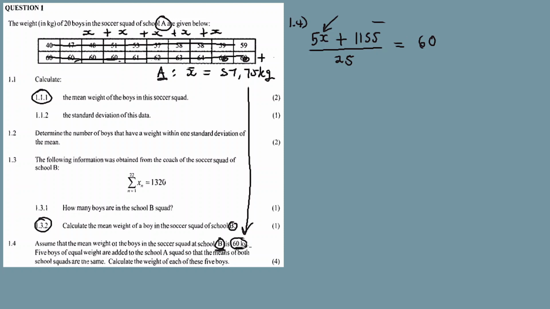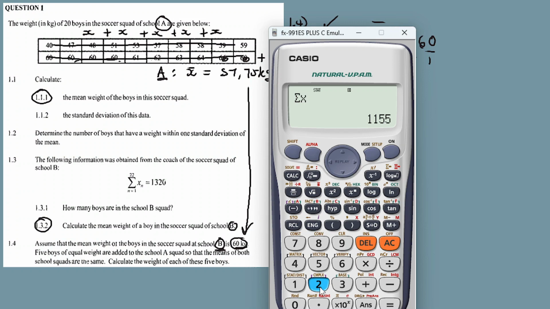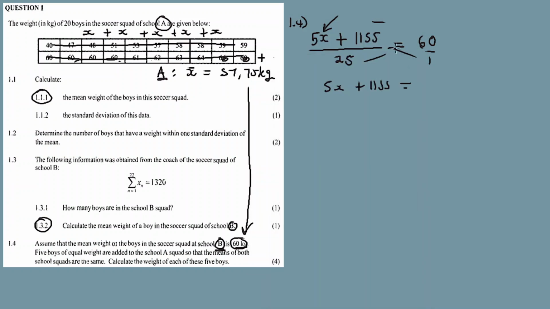They tell us the means for school B and school A will be equal, so that's why we have 60. Then we cross multiply: 5x plus 1155 equals 25 times 60, which is 1500. So 5x equals 1500 minus 1155.